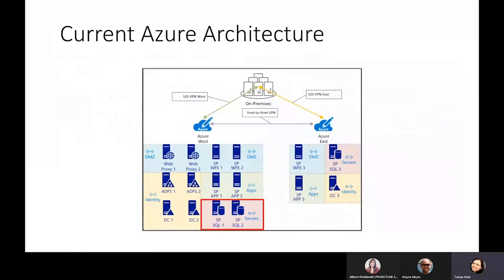So as I promised, the customer that we work with, the biggest challenge for them and the biggest consumption was the IaaS layer, which meant that they were using infrastructure as a service.